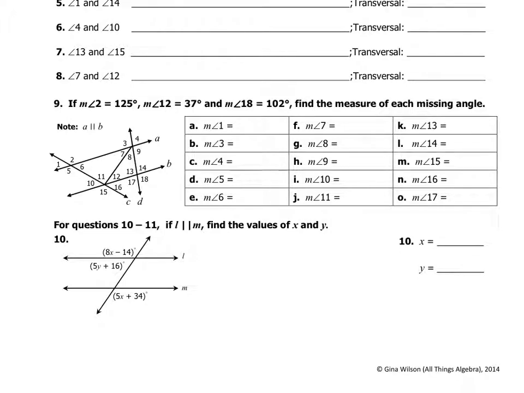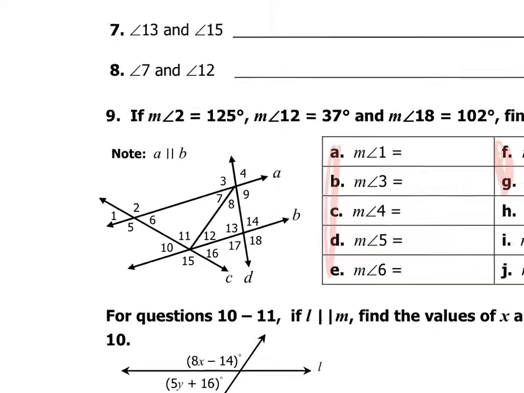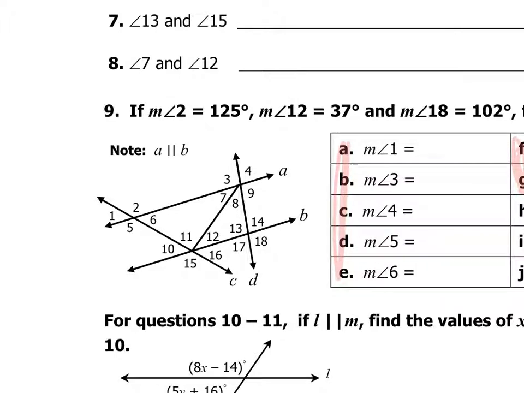Okay, guys. On number 9 down here, we're going to use this picture on the left. I am only going to require you to do A through G. You only have to do questions A through G. Now, I do want to zoom in here a little bit because they're giving you a few things.